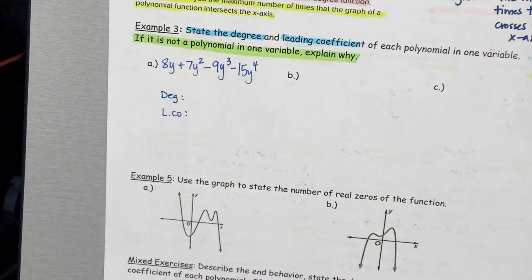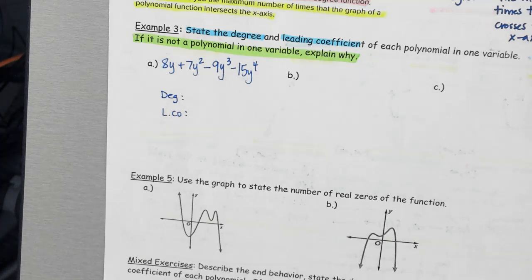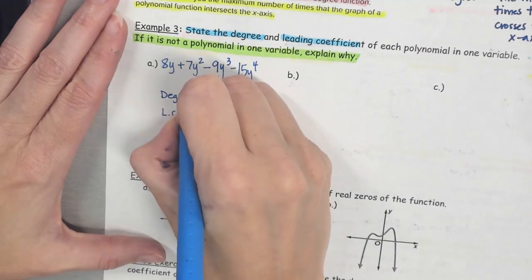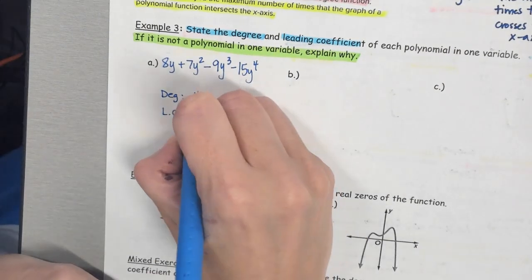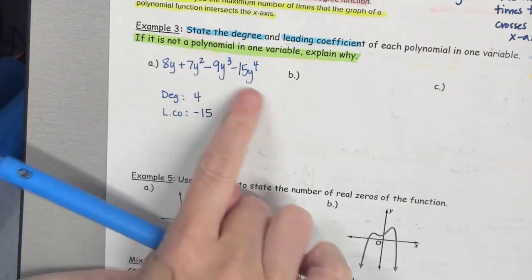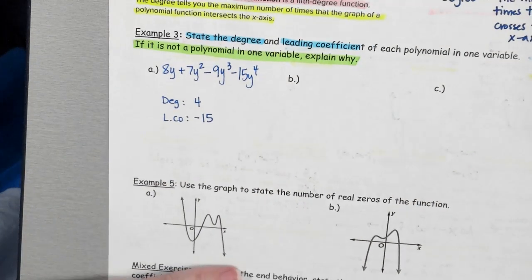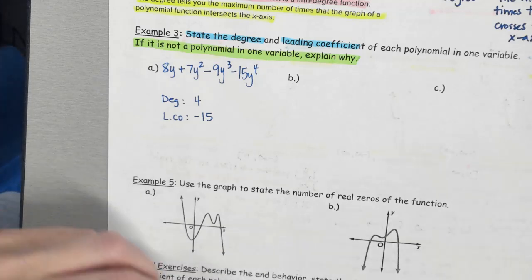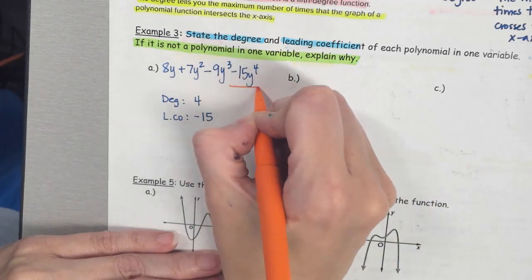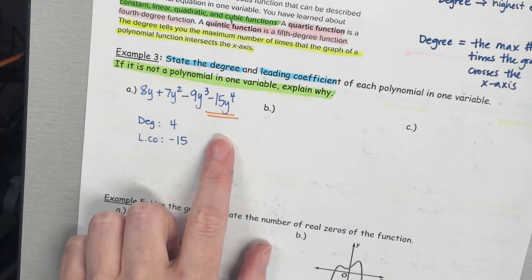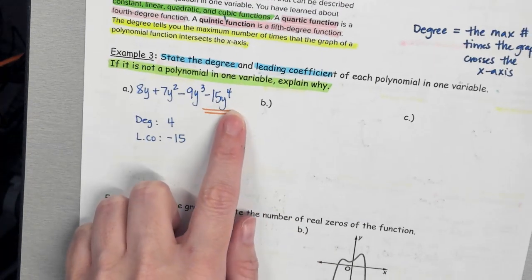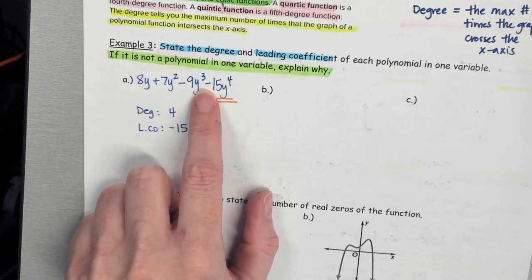Okay, so what's our degree for A? 4. That's the highest exponent. Okay, what's the leading coefficient? Not 8. Negative 15. Yep. Okay, so this one, is this in standard form? No. So when it's not in standard form, remember that your leading coefficient is always going to be in front of the variable that has the highest exponent.